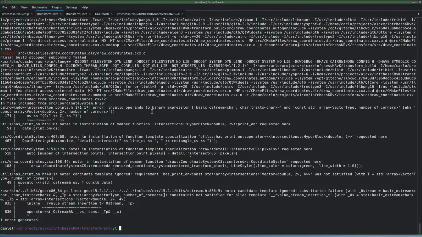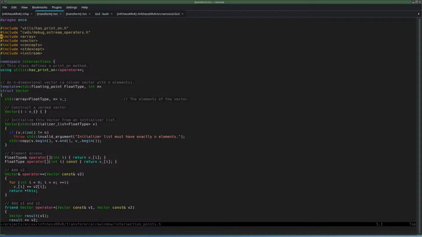Invalid operands to binary expression: OStream and standard array. So that was simply not the correct one. Let's try the other one.